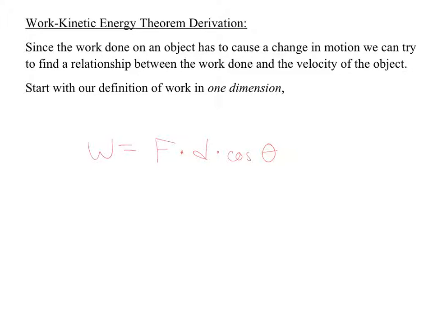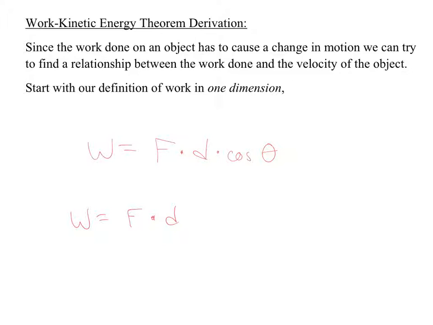Good memory. So this just drops off. So if I'm only looking at work in one dimension, this formula becomes W equals FD, times 1, obviously. If a force is ever applied horizontally, you just have to use FD because cosine of 0 drops off.